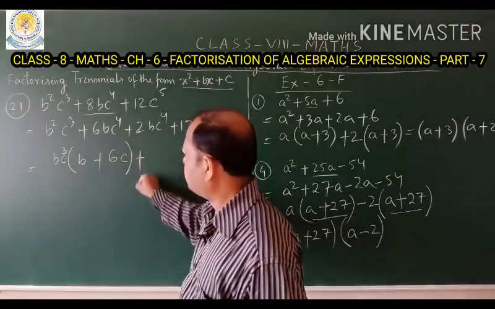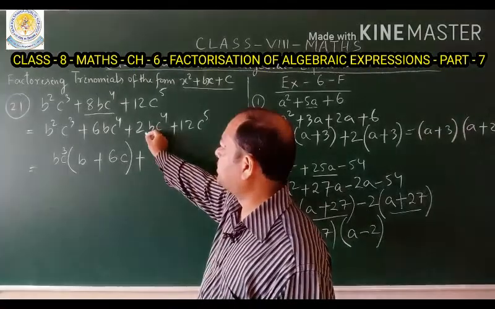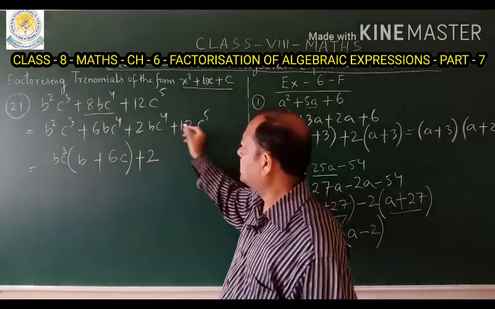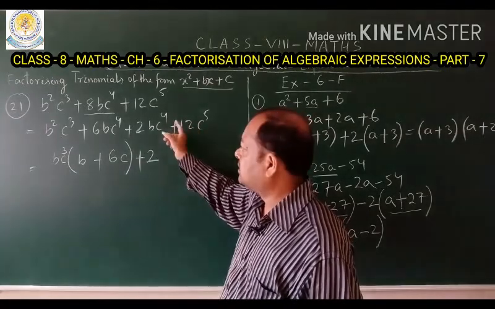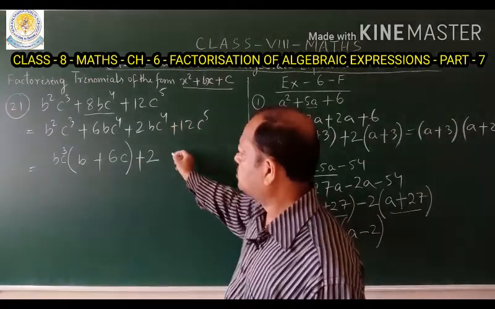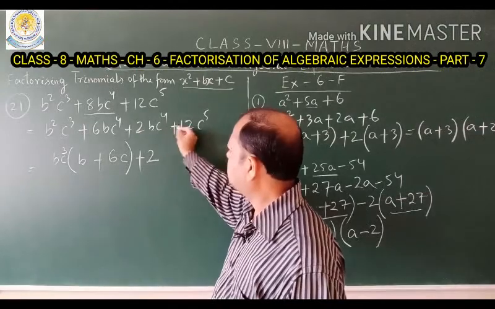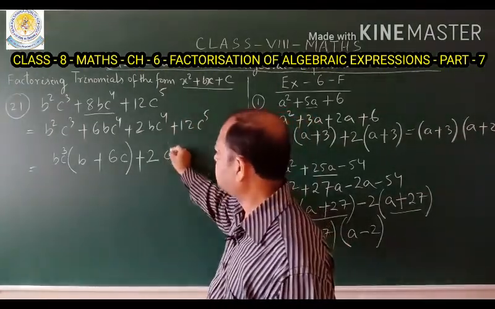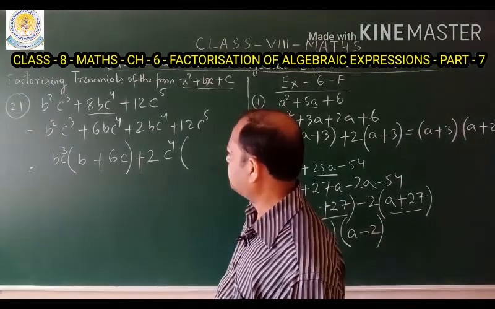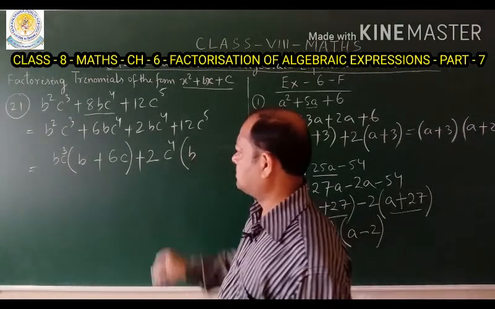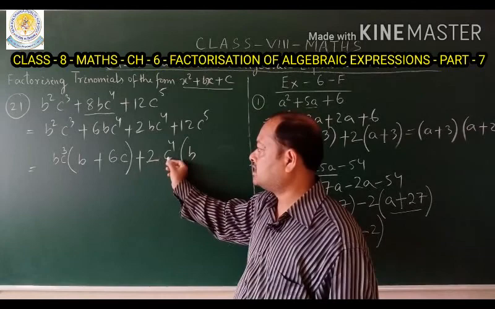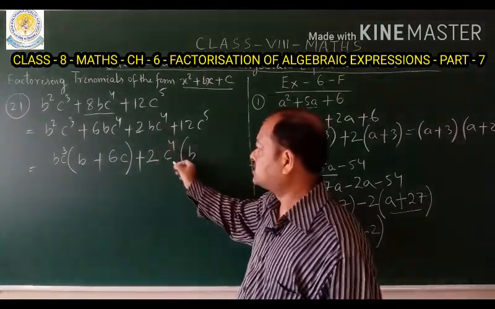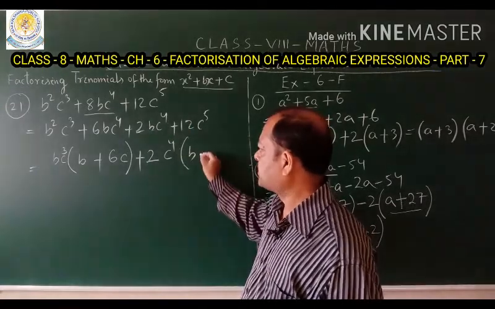Plus, what is common between 2 and 12? That is 2. What is common in b? Here b is not common. You take c here. So 2c to the power 4 is here and c to the power 5 is here. Take c to the power 4. So what is left? That is b, because if you multiply 2c to the power 4 into b, you will get this term, that is 2bc to the power 4.